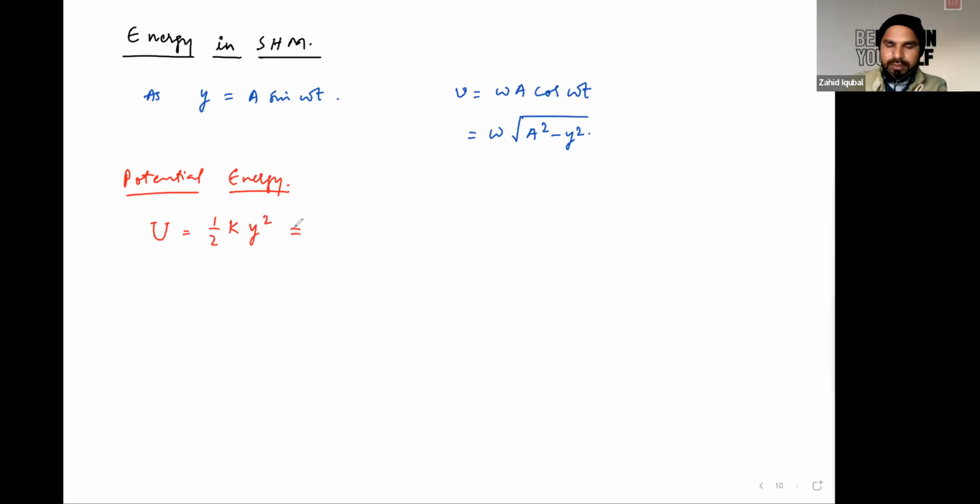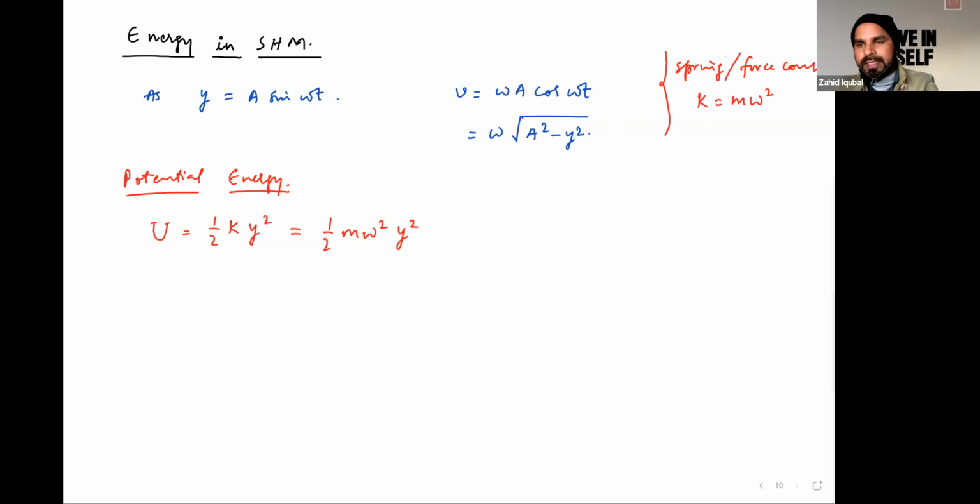K is called spring constant, which is equal to m times omega squared. So in this part, k is m times omega squared. This is spring constant or force constant. I will derive this expression in the next part of this chapter. Till now, just remember this part only.